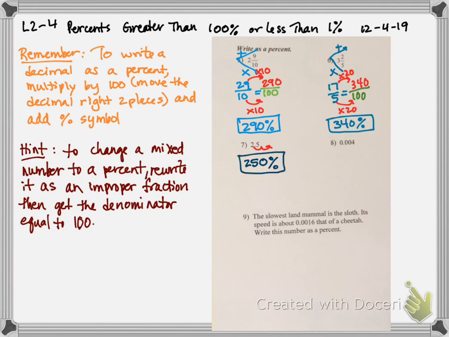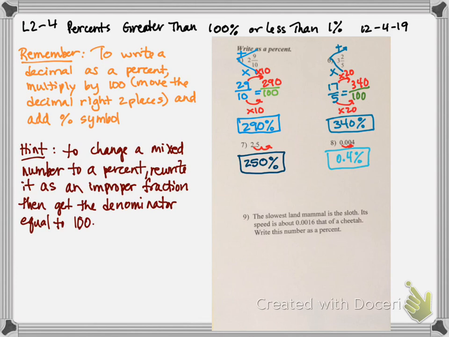And there's our answer. Okay. Now, we're going to go ahead and do the same thing here, multiply by 100. And that's going to give us, oops, sorry, let me change my color here. 0.4, and then we add a percent symbol. So it's 0.4%.